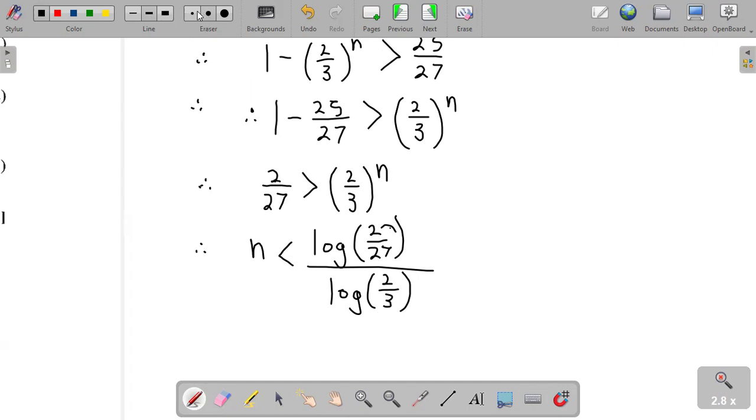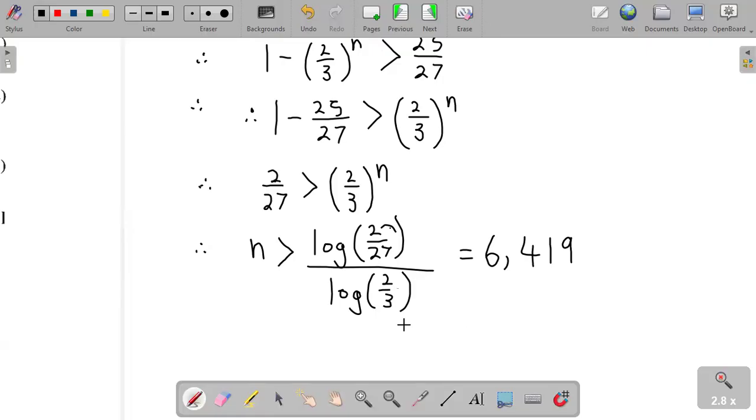These are the laws of logarithms: if we divide by a negative value, the inequality changes direction. Using a calculator, it gives me 6.419.